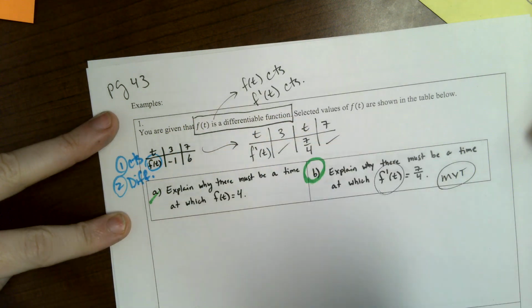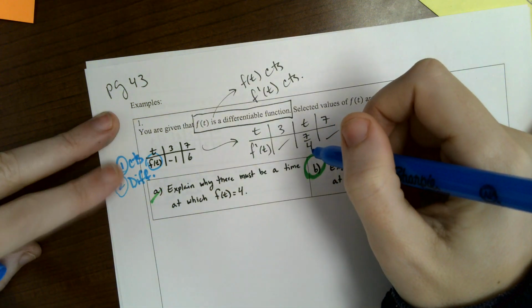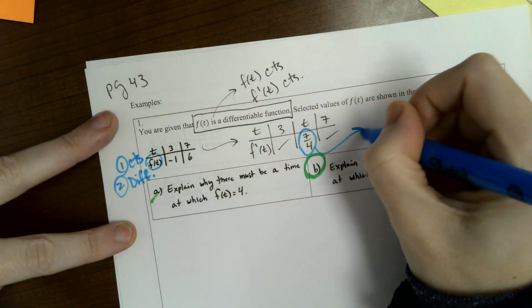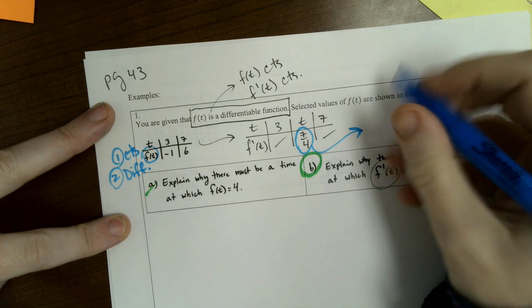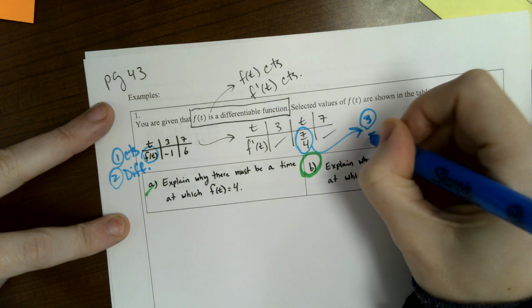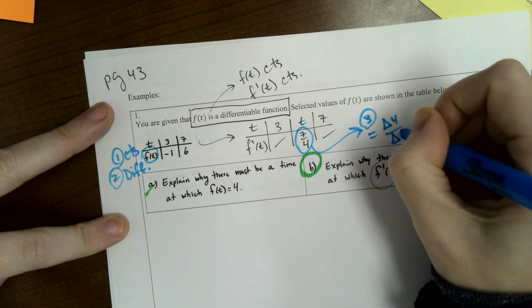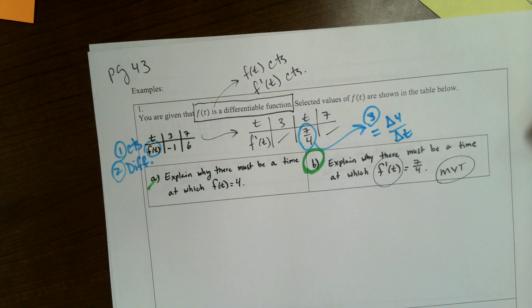This is pertaining to that there. And then guys, so that's 1, 2. The third condition is that this number here is equal to delta y over, in this case, delta t. That would be the third condition.